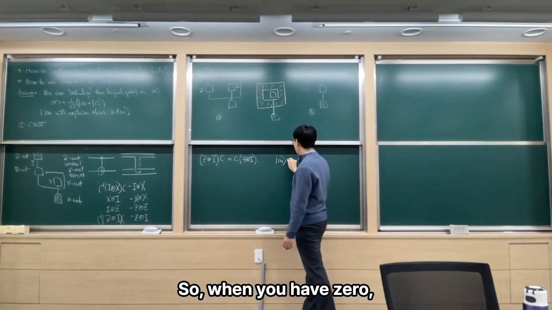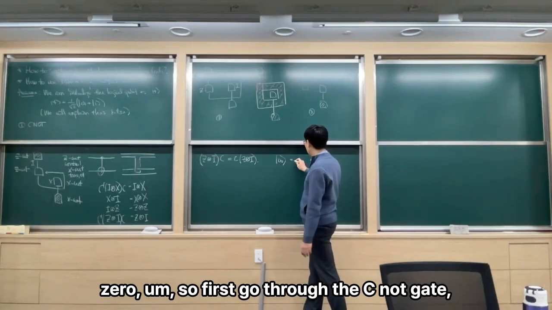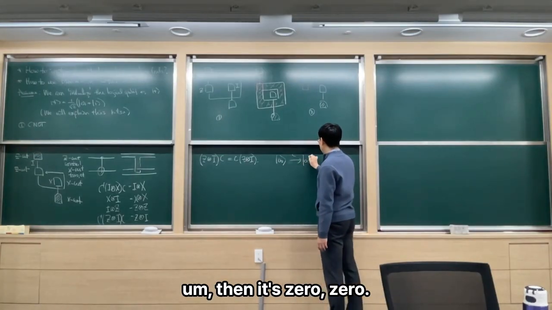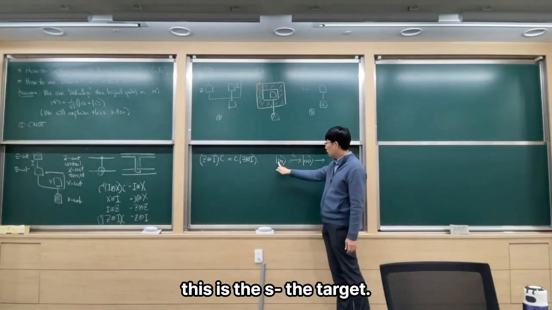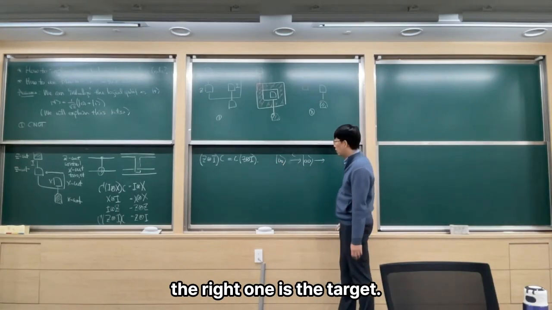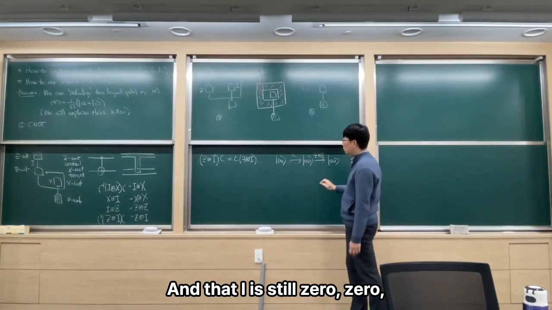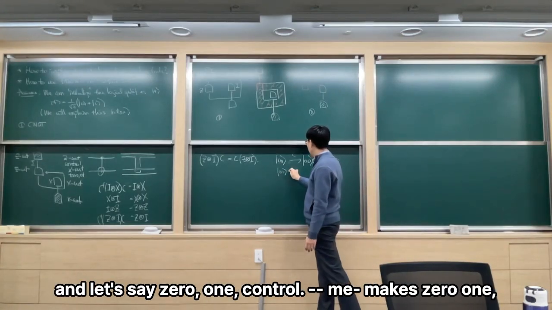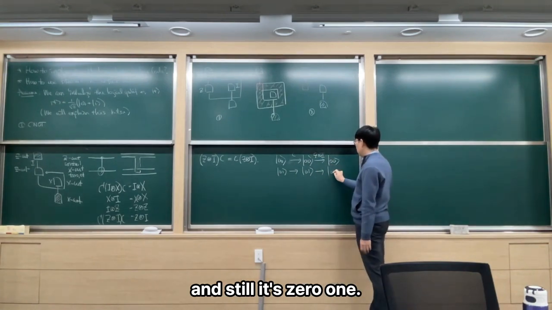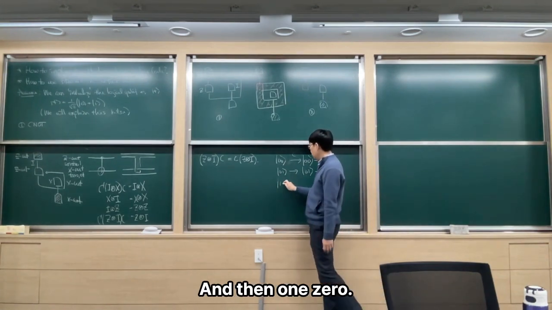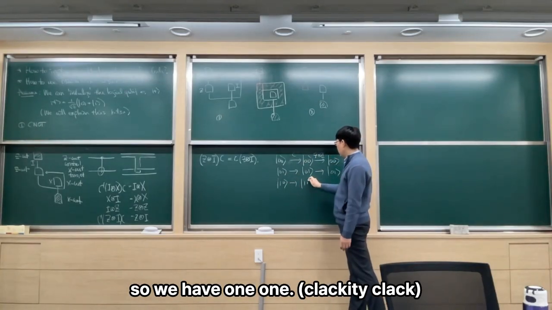When you have 0, 0, first go through the C0 gate, then it's 0, 0. Let's say the left one is the control and the right one is the target, and then applying I it is still 0, 0. Let's say 0, 1: control makes 0, 1, and still it's 0, 1. Then 1, 0: now the control is acting on the target, so we have 1, 1.